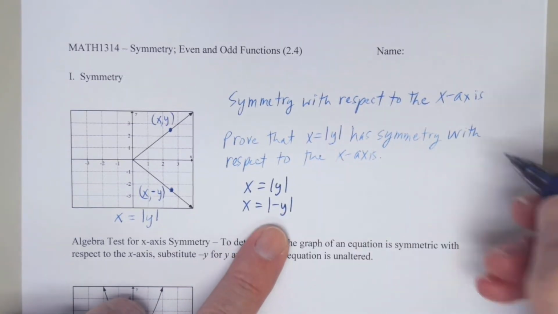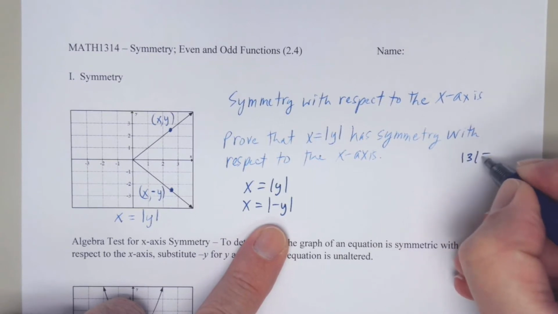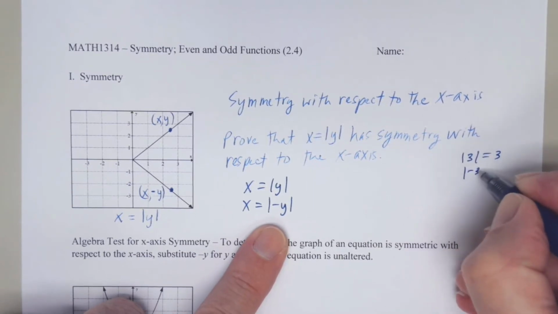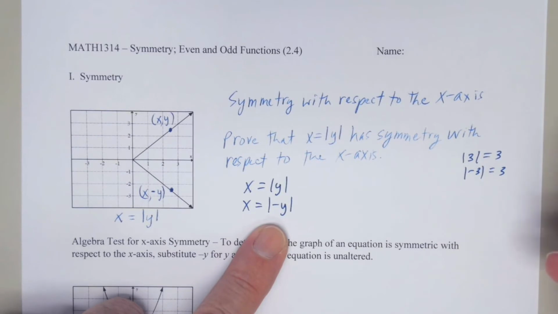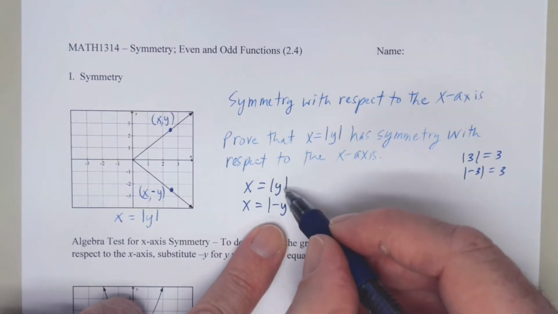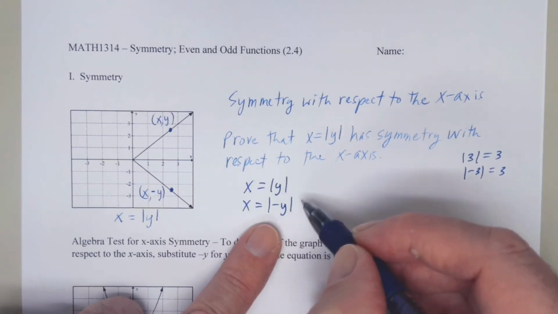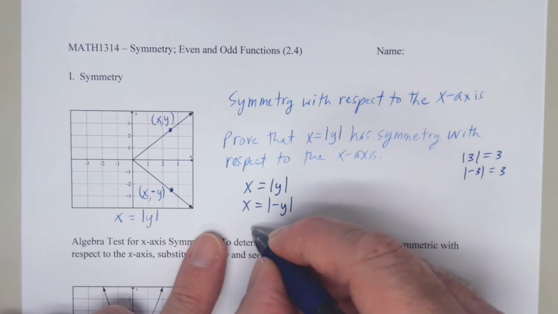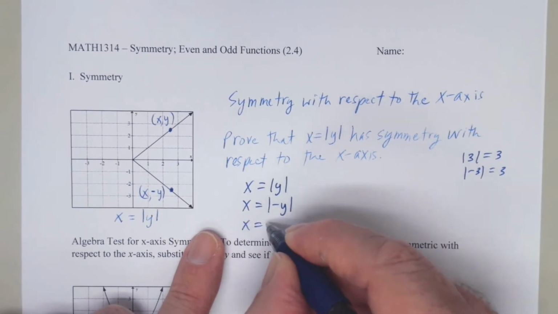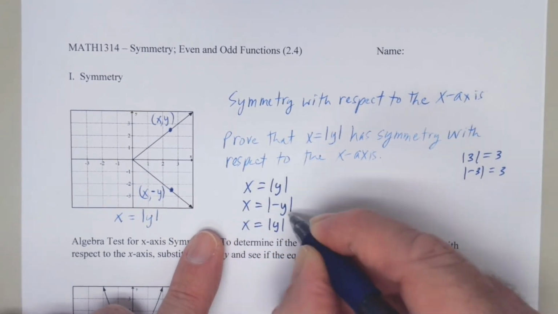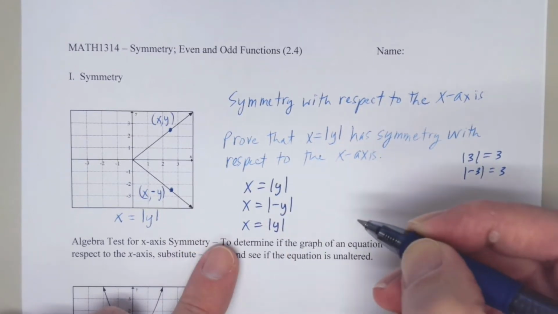Well, if you think about it, the absolute value of 3 is 3, and the absolute value of negative 3 is 3. We're always going to get a positive value here. So the absolute value of y and the absolute value of minus y are going to give you the same value. And so we could say that x equals the absolute value of y here. These are equal in value.